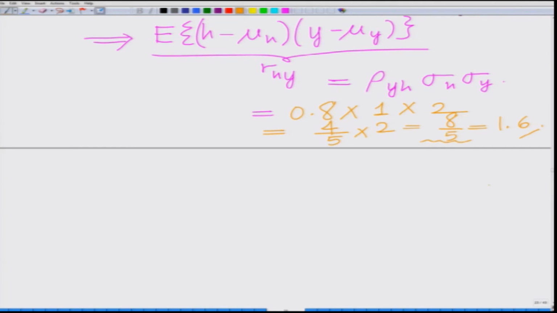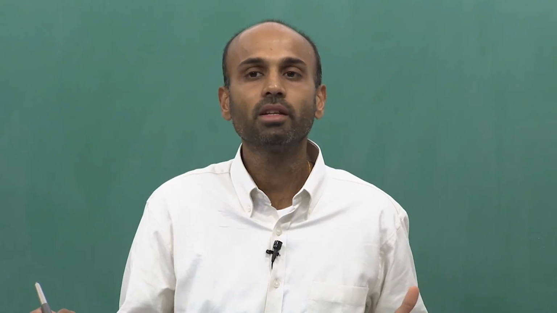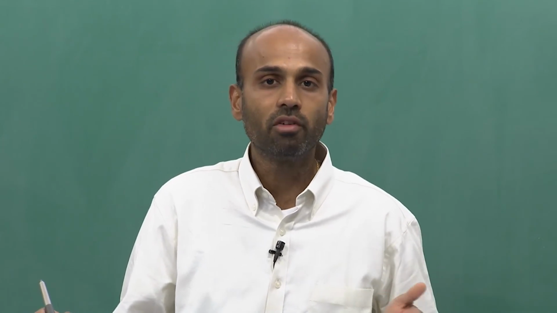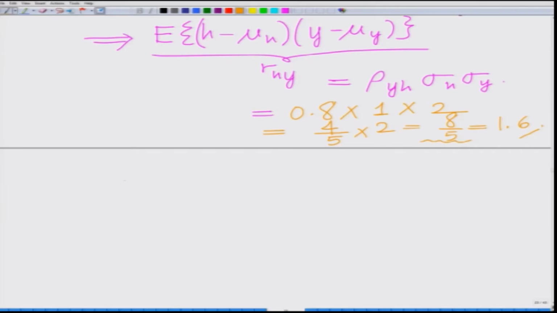So now we have all the required quantities, and I can compute the MMSE estimate of H given Y, given that H and Y are jointly Gaussian, and we know the relation for that. That is your H hat equals RHY into RYY inverse into (Y minus mu of Y) plus mu of h.